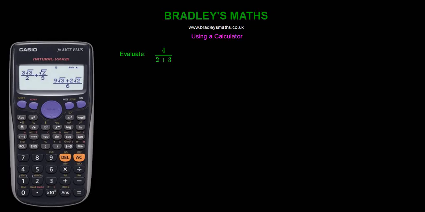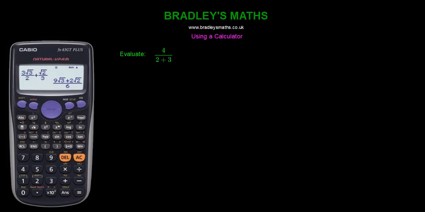Your calculator understands the priority of operations as we discussed in my last video, but sometimes it needs your help to understand the question properly. We're going to start with a very simple calculation, 4 over 2 plus 3, which is on the screen now. I want to look at this 3 here.